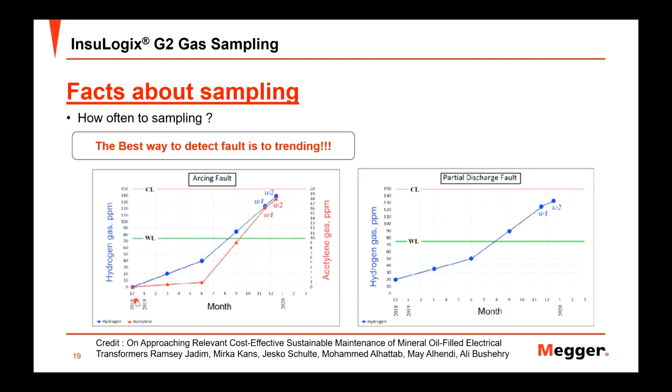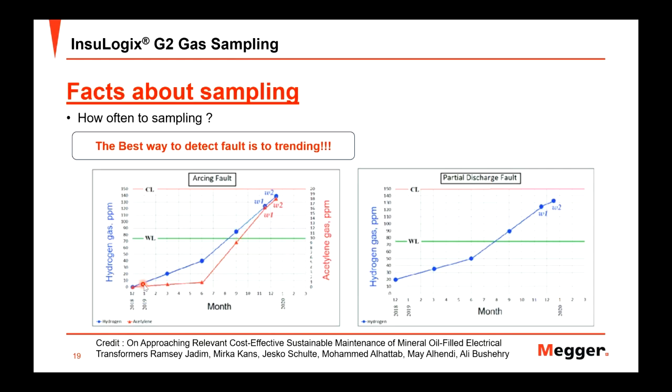This is 2018. The concentration of the hydrogen is still like 0, and it developed to almost 10 ppm, not 10 yet, maybe around 8. I'm not sure, it's around that.